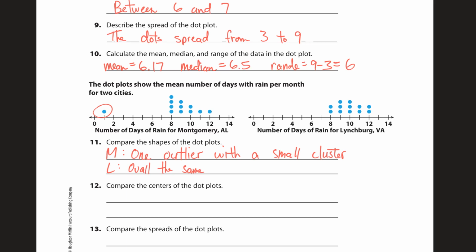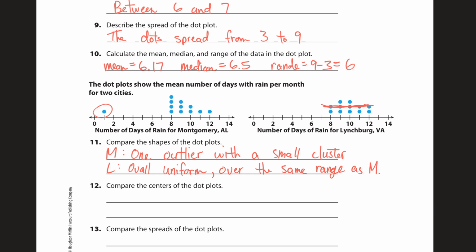We'll call that uniform, which means everything's pretty much the same right there, but it's also over the same range as Montgomery.